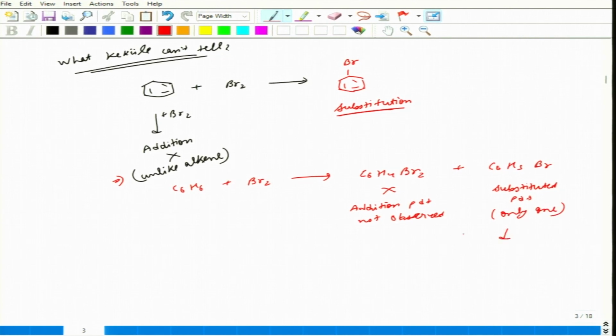That means what it indicates is that all the 6 carbon hydrogen bonds are the same.